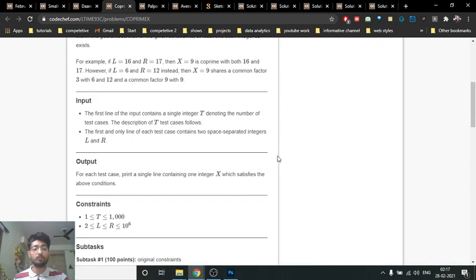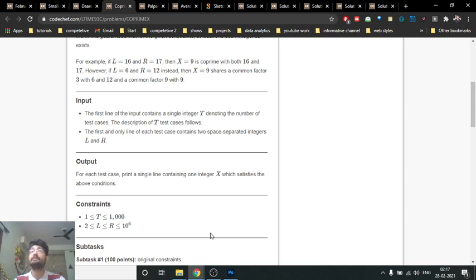Okay, so what the problem statement can be in simple terms, what you can easily do here is, as you can see, L to R is up to 10 to the power 6. Now if you just find out a prime number which is greater than the L to R range, that's the answer.